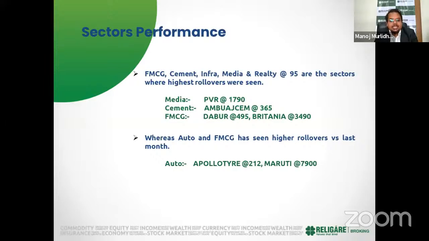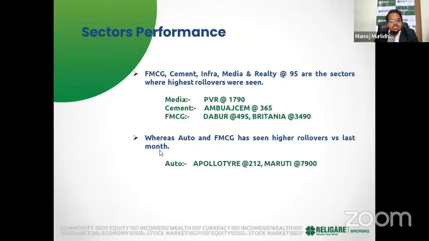One would be ITC. Obviously, we have mentioned more in detail in the next slide. So Dabur at 495 is a stock that we recommend can still be bought for an upside of 4 to 5%, followed by Britannia at 3490. And the third stock, as I said, would be ITC.